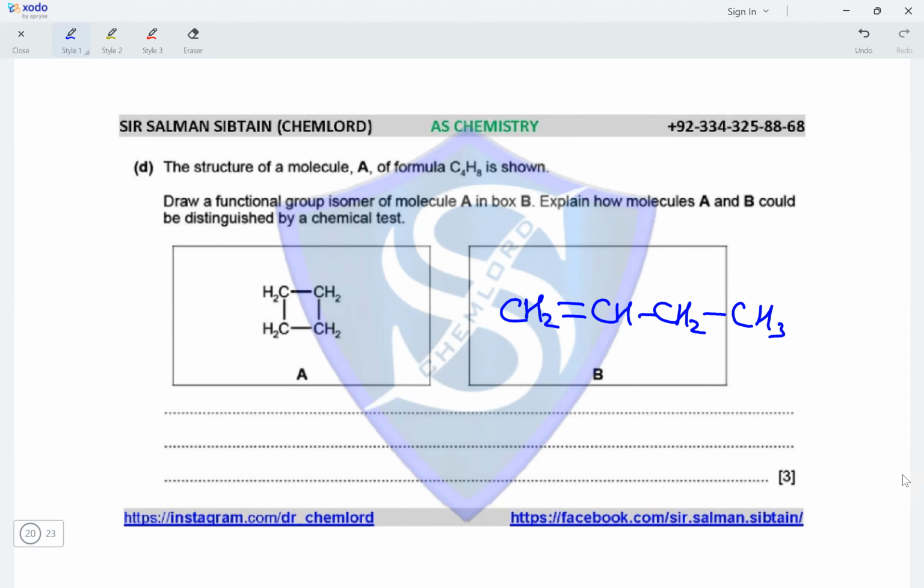And how can we distinguish them using a chemical test? Add aqueous bromine.